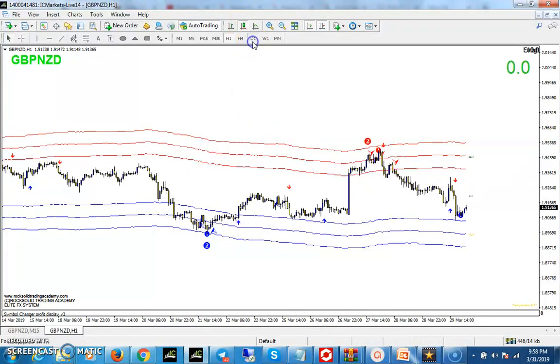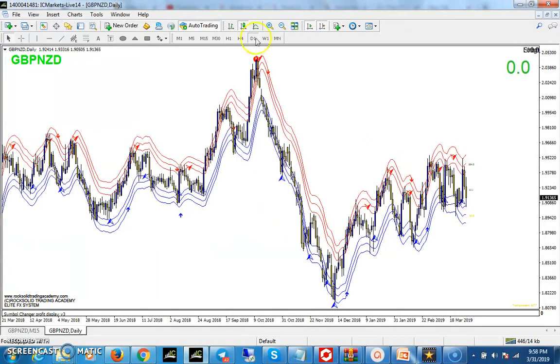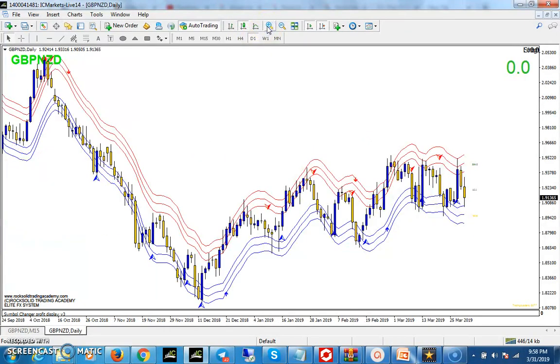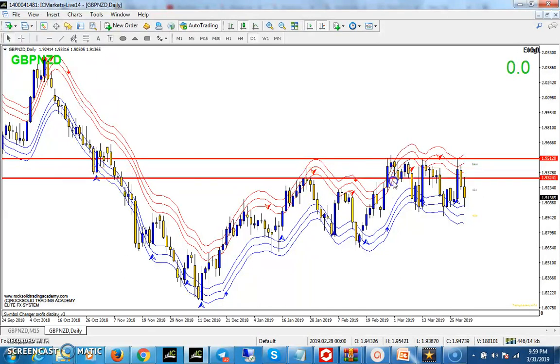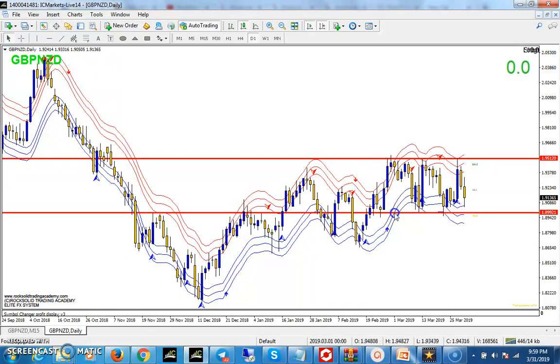But if you want to combine price action, you may want to look for support and resistance at a daily time frame. So I just come to the daily time frame and look at touches here. Then I go back to H1.